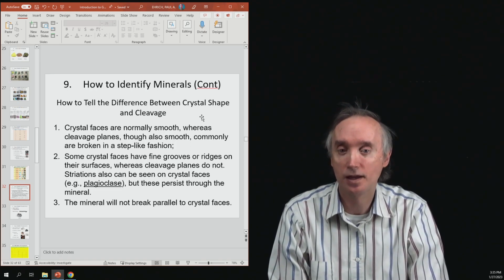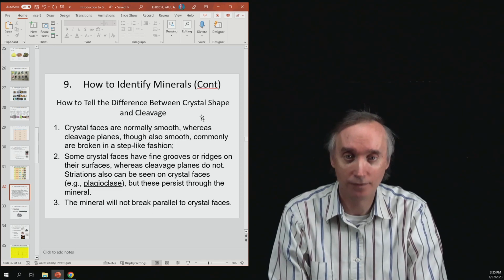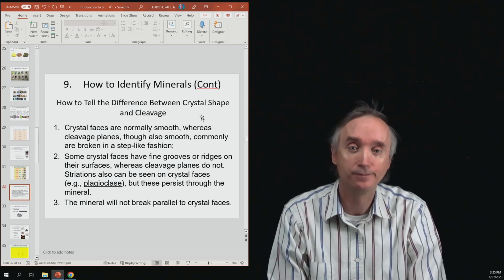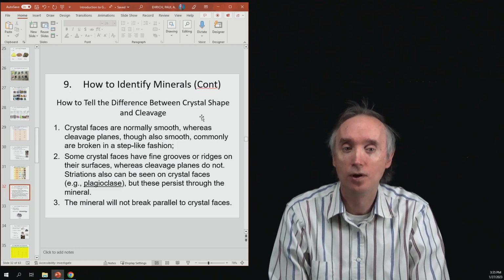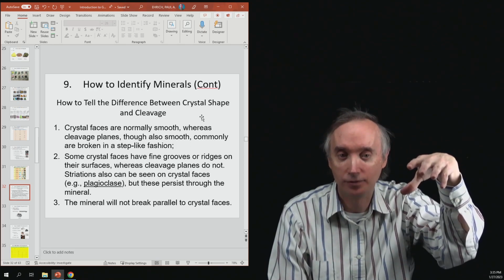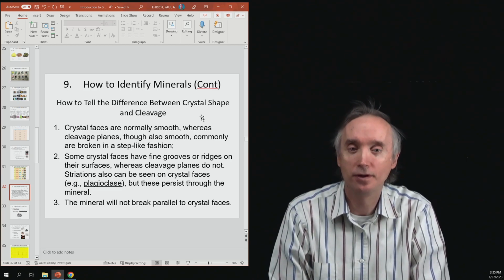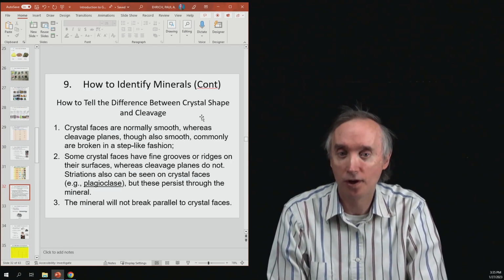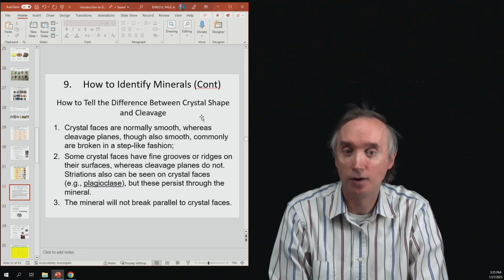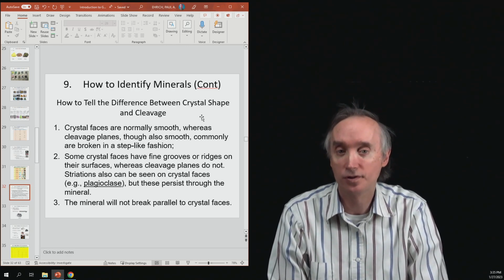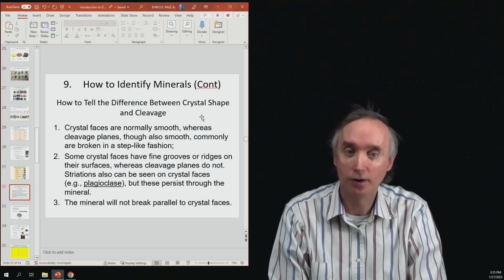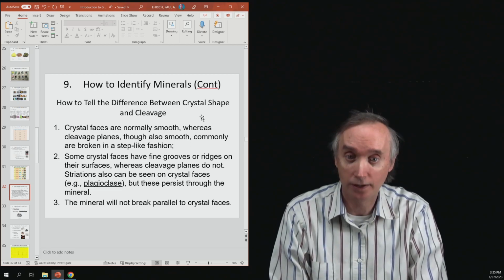But if it's a cleavage plane, it's not going to have those lines on it. And then also, when you drop a mineral, and in lab, please do not drop the minerals, but if you were to drop the mineral and it breaks, it will not break parallel to crystal faces. It will break parallel to the cleavage planes.